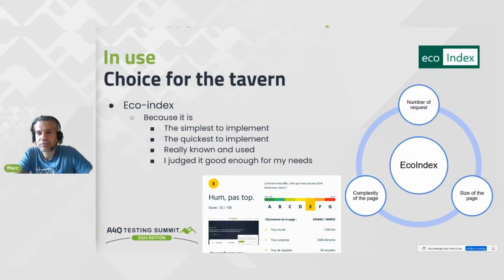The page is considered too heavy, but it's not as heavy as the target, and I think it's below the median, not the average. And the DOM is too complex, and that's mainly why the result is E, because otherwise it would have been D.